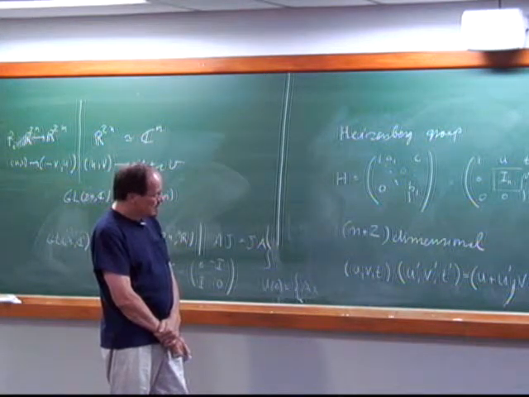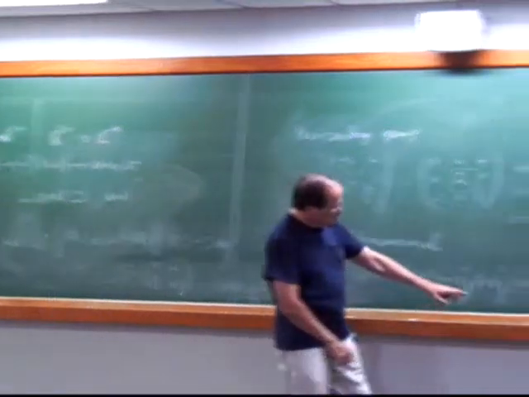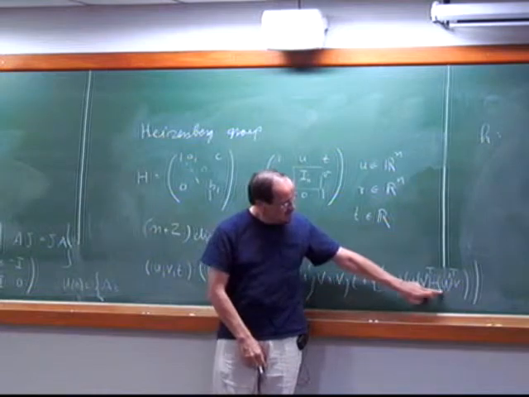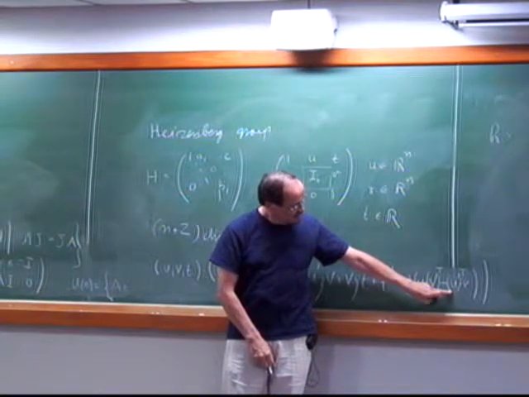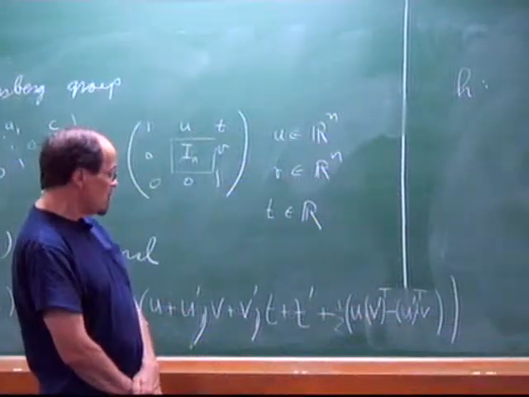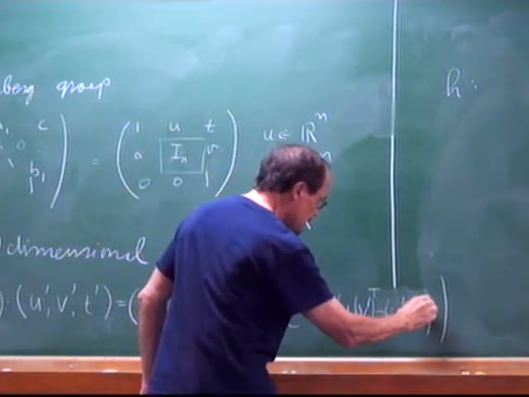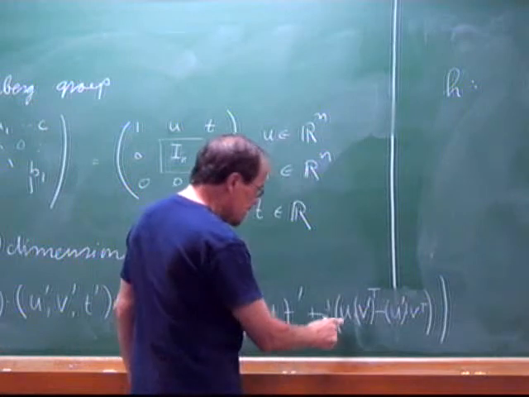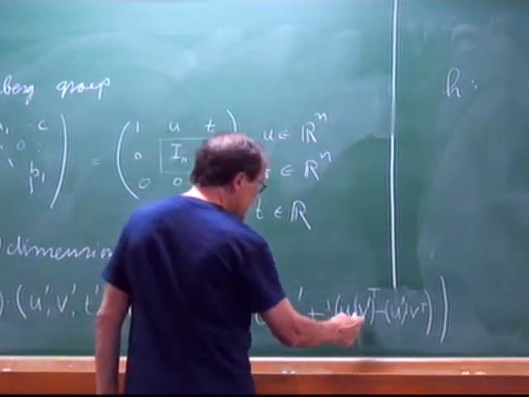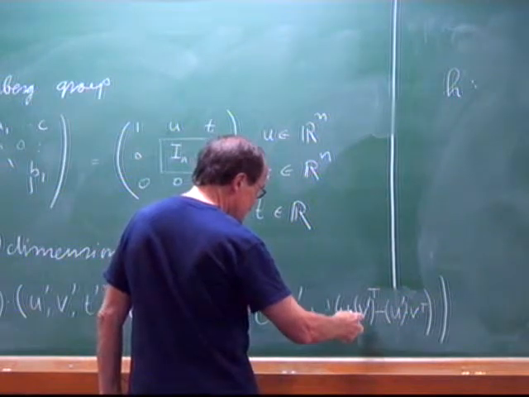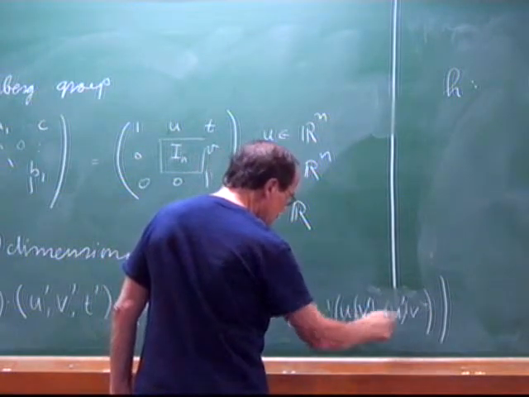Let me look at this in a slightly different form. Maybe here you may recognize something. That's u v prime transpose minus u prime, probably transpose on the v, right? This is a row vector, that's a column vector. Oh no, u is row, v is column.